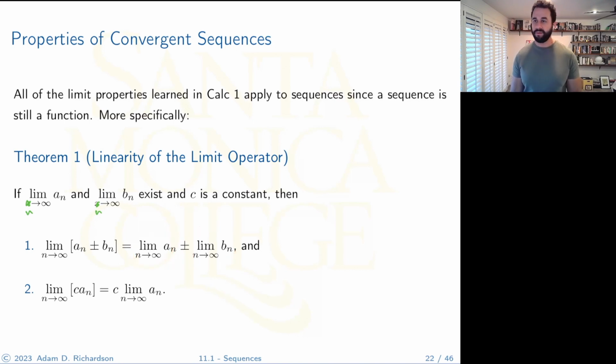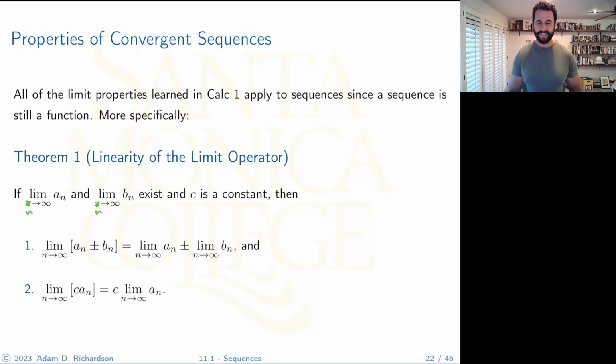This is a really, really handy property, linearity, because what it's saying is that if you want to do the limit of a sum or a difference, you can split it into the sum of the individual limits. The one proviso here is that these limits have to actually exist. So keep that in mind. The limit has to exist if you want to use this property. If the limit does not exist for even one of them, you cannot use this property.